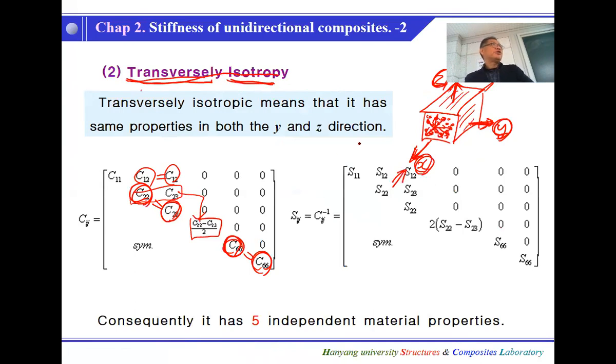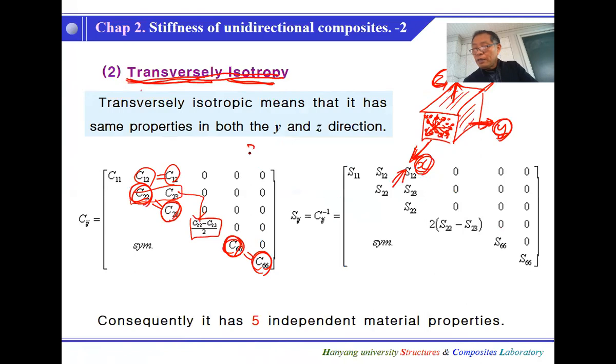This material behavior is the one for conventional composite materials. Imagine this is a long continuous fiber, layered like that. So in a three-dimensional way, fiber reinforced plastic has the material property called transversely isotropic.